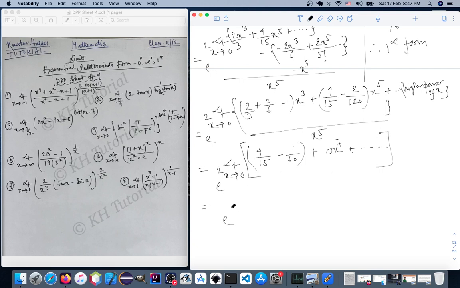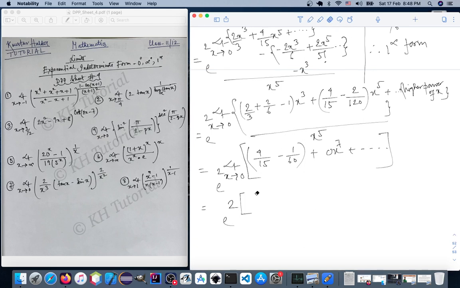This becomes 4 by 15 minus 1 by 60, how much is this?